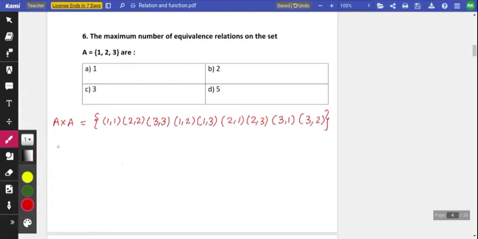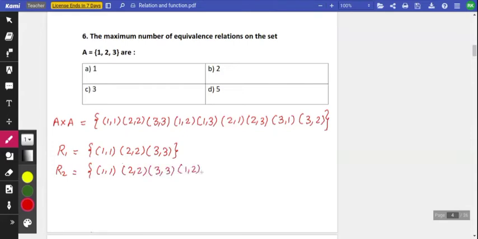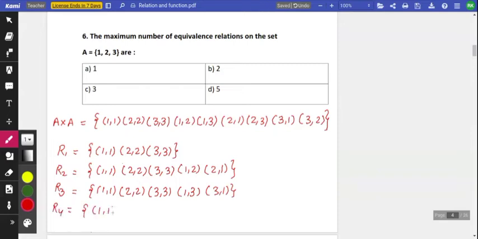Now to find the relations which are equivalence. The first equivalence relation is (1,1), (2,2) and (3,3). The second equivalence relation is (1,1), (2,2), (3,3), (1,2) and (2,1). The third equivalence relation is (1,1), (2,2), (3,3), (1,3) and (3,1). The fourth equivalence relation is (1,1), (2,2), (3,3), (2,3) and (3,2). And the fifth equivalence relation is the Cartesian product.